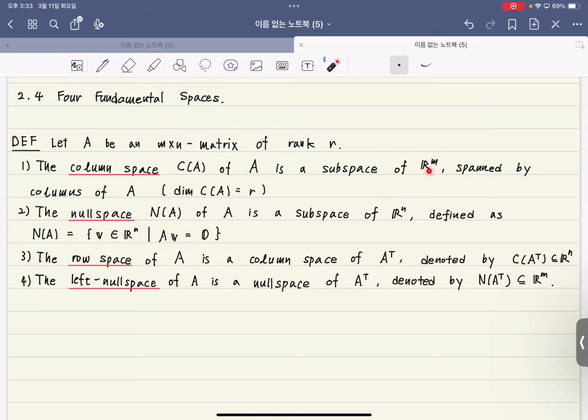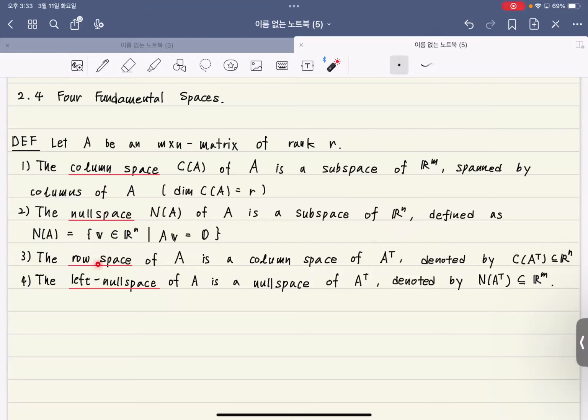Therefore, this is a subspace of R^m, which is spanned by the columns of matrix A. And the null space is the collection of all vectors v from R^n such that A times v equals 0. Clearly, this is again a subspace, a subspace of R^n.